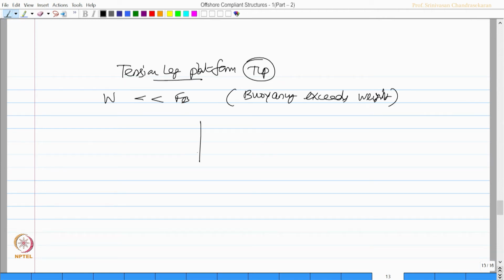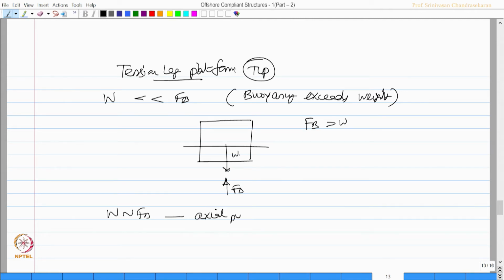Now, weight is acting downward, buoyancy will act upward, and buoyancy exceeds the weight. The difference between the buoyancy and weight is to be compensated by the axial pull or axial force in tethers. They are also called as tendons.